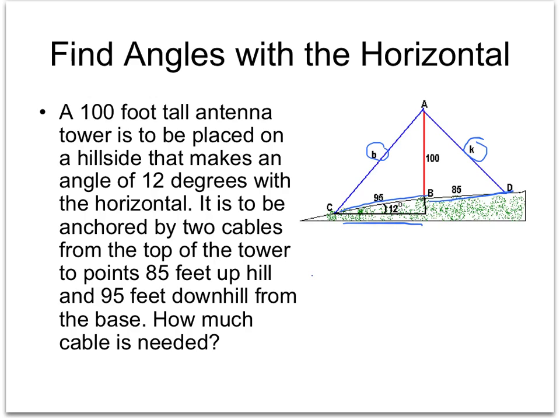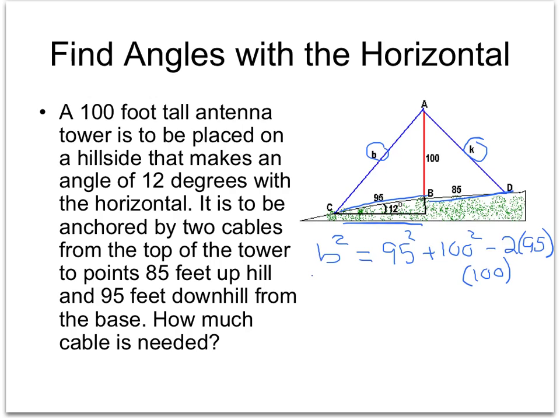Now, we have 2 triangles here, so we're going to have to work with both of them. We know that b squared is going to be equal to 95 plus 100 squared minus 2 times 95 times 100 cosine.